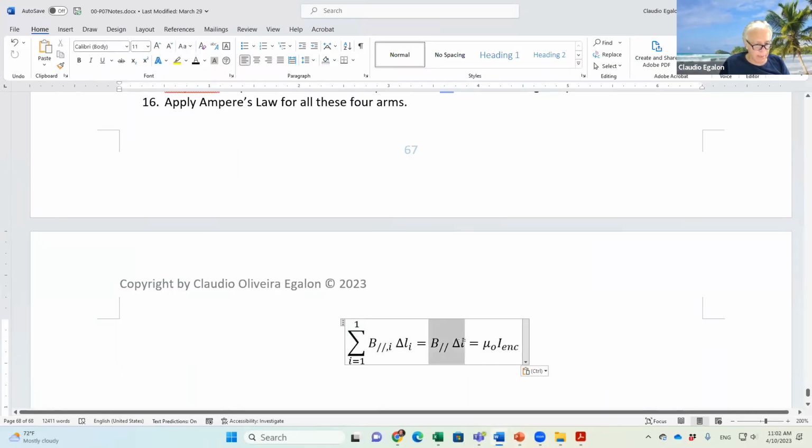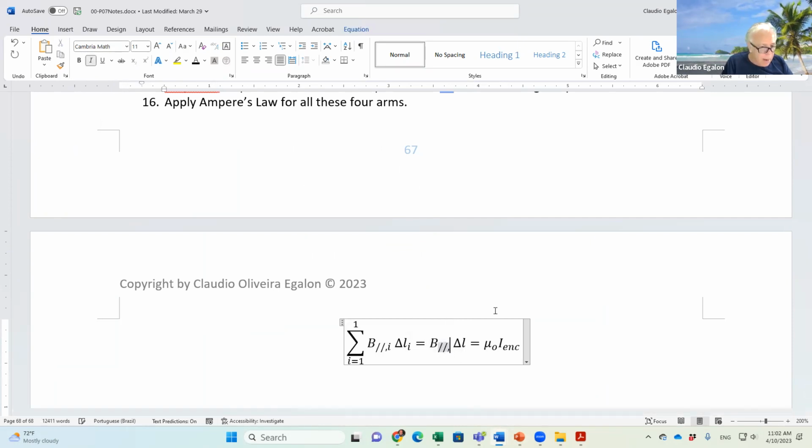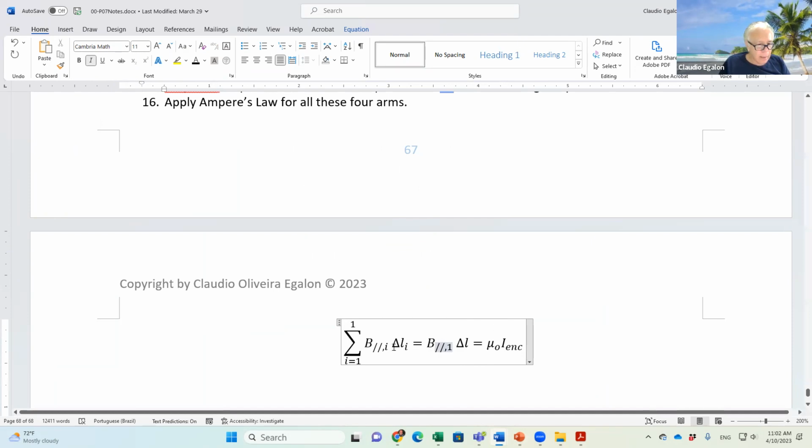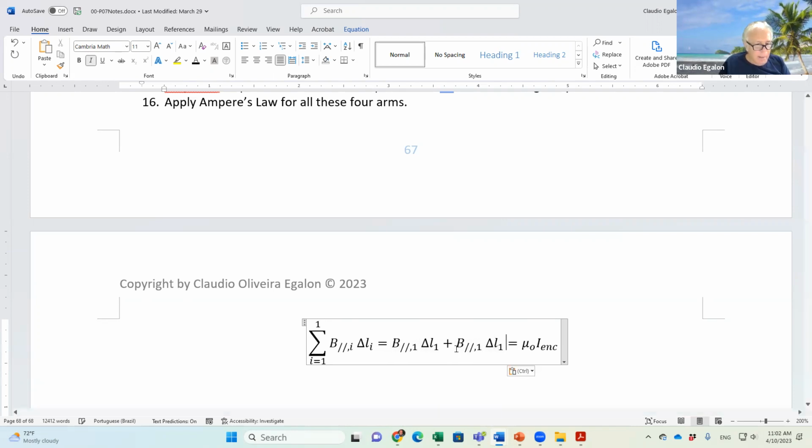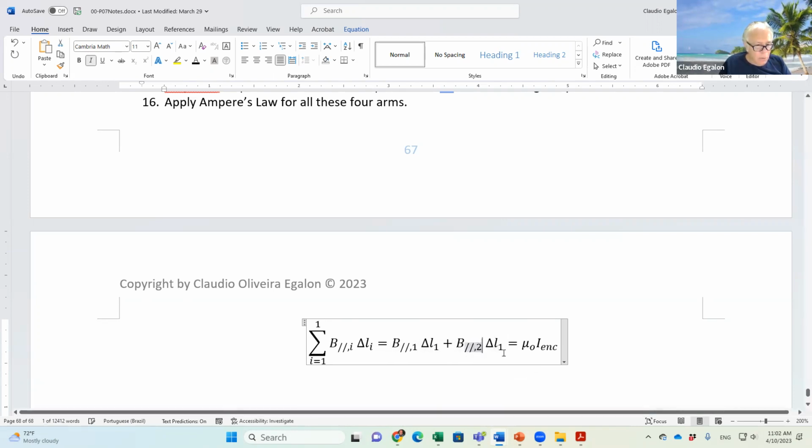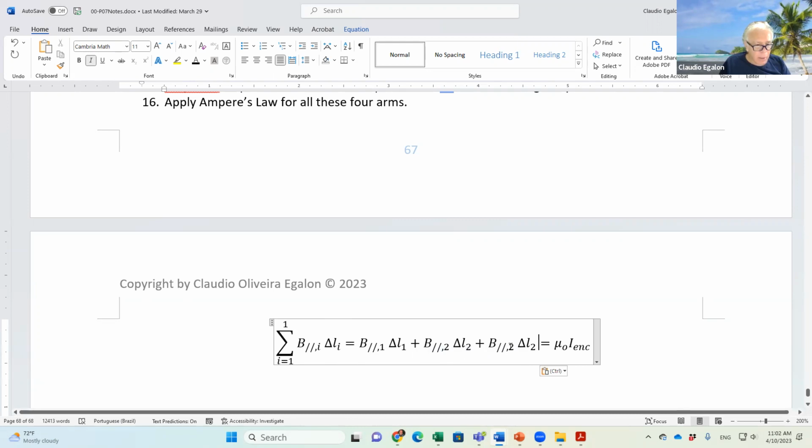So don't forget there's a parallel 1, delta L1. Parallel 2, delta L2. Parallel 3, delta L3.